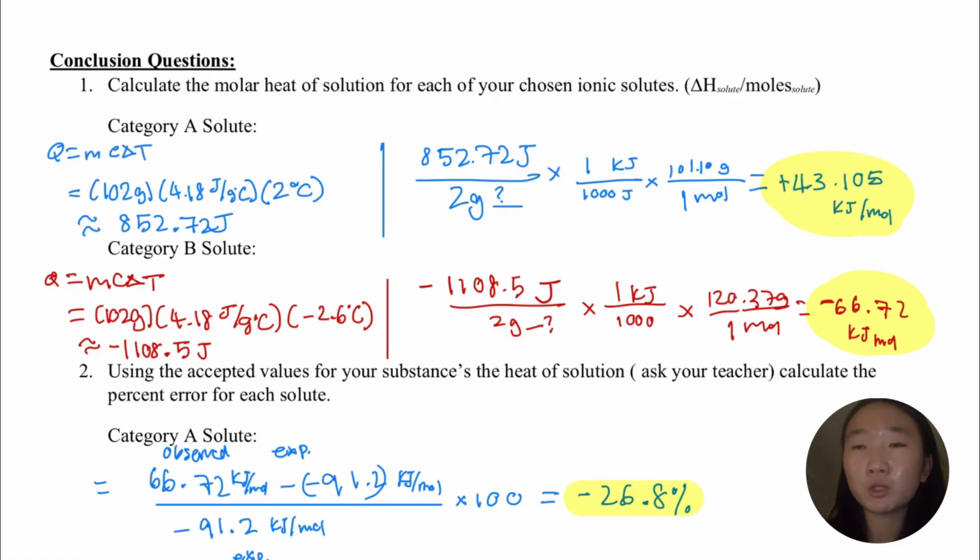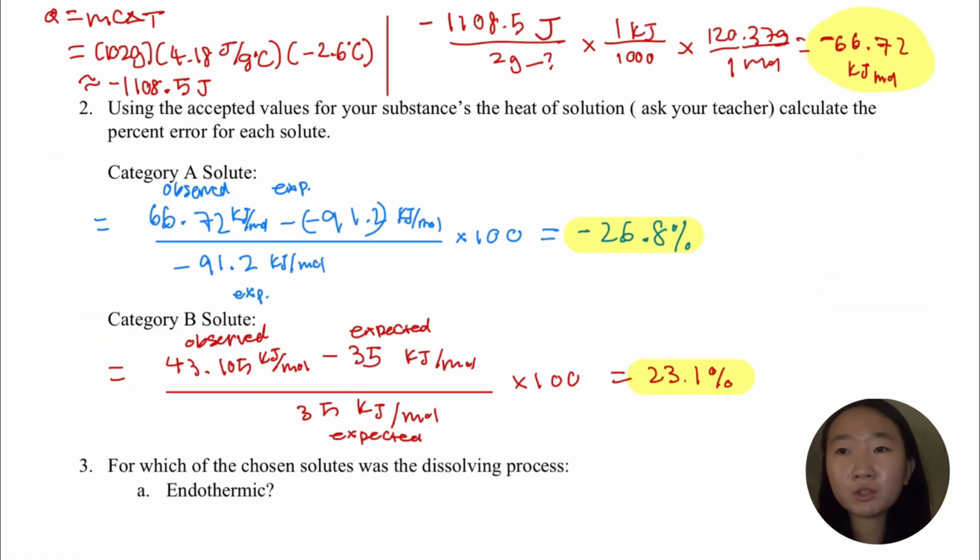As for question number 2, which was done by group member Sua, we were asked to use the accepted values given from our teacher to find the percent error for each of the solutes that we found. So the formula for percent error would be the observed value, which is the value that we calculated, minus the accepted value over the accepted value times 100.